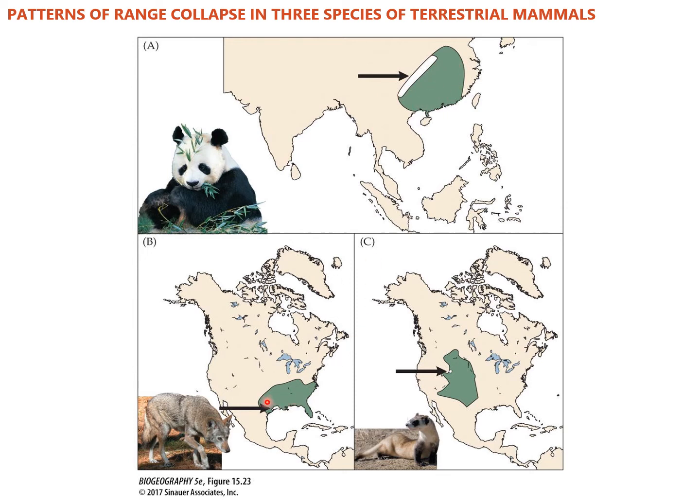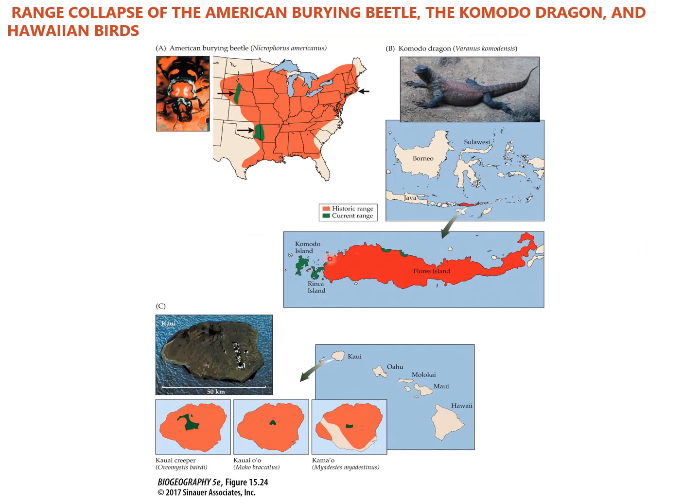The red wolf in the southeastern United States had a large historical range and now is just found here. What is this? It's a ferret. I think it's the black-footed ferret. Had a very large geographic range across some of the plains and southeastern states of the United States, and now is only found here. So really dramatic examples of range collapse in some of these mammals.